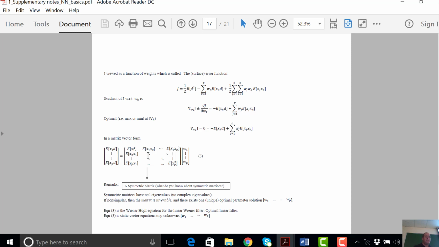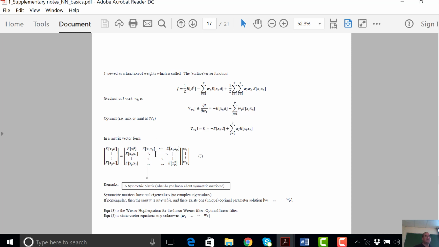Because this is just linear algebra and a matrix, we know more about the properties. In fact, if this matrix happens to be non-singular, which for a symmetric matrix translates to the eigenvalues not being 0, could be positive or negative, we know that this matrix is going to have a solution.